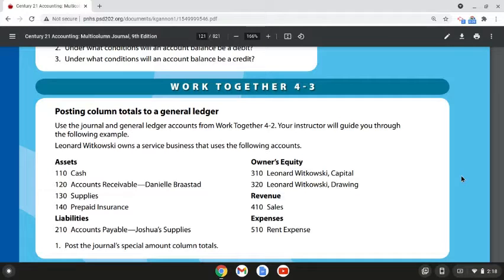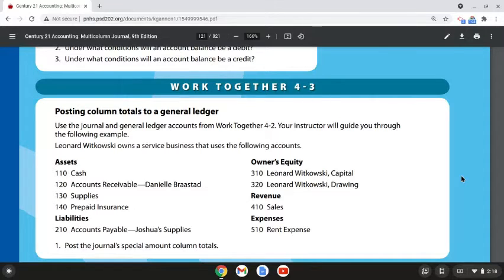In the last work together, we posted from a journal to a general ledger, and we used all of the accounts that are listed here. Now we are going to be doing the same thing, posting from a journal to a general ledger, but we're going to be posting the column totals to a general ledger. So it says down here for number 1, post the journal's special amount column totals.